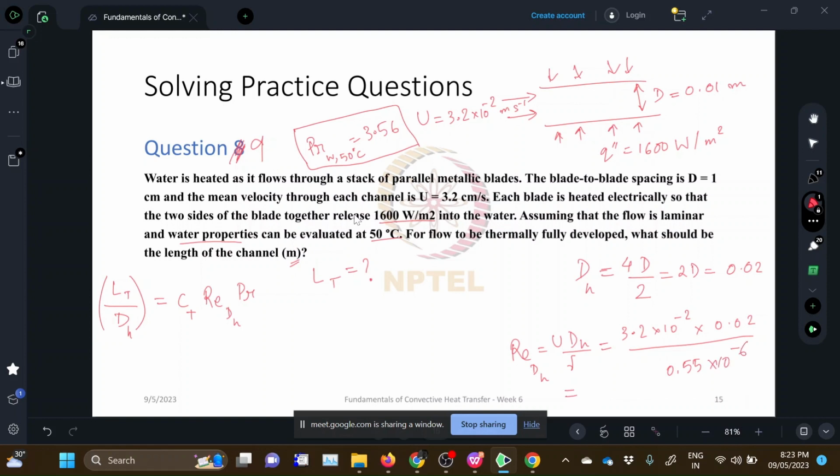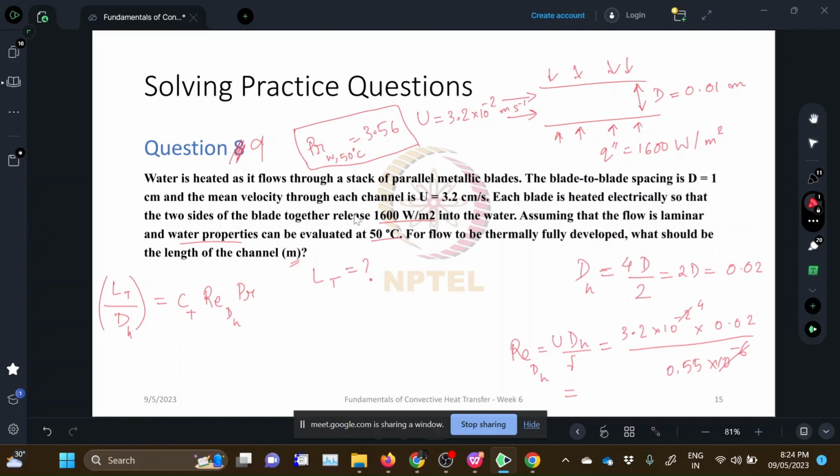So finally, what do we get? Quickly do this calculation. So 3.2, okay, let me make sure we're doing this properly. So this becomes 10 to the power 4.